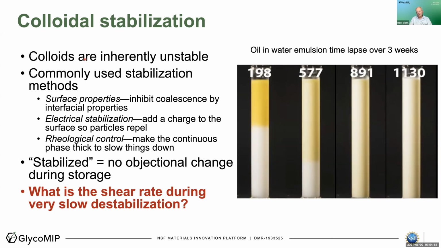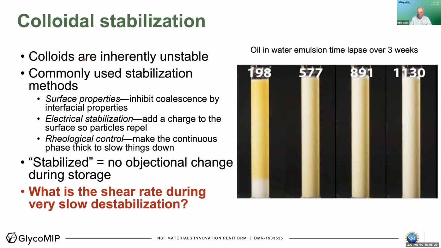You inhibit coalescence by putting in an emulsifier or something else like that. You might stabilize it with zeta potential and use electrical charge to keep the particles from compacting. Or what I'm going to be talking about, rheological control. You make the continuous phase thick enough that you slow things down. And in that case, stabilized just simply means that we didn't have an objectionable change over storage.